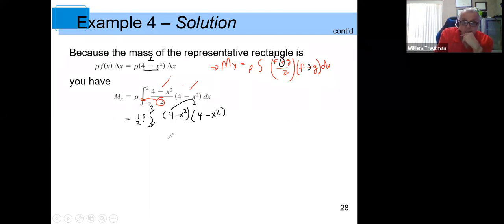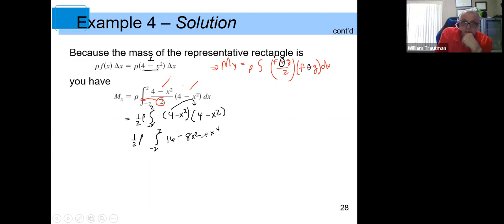So when we distribute this, we end up with 16 minus 8x squared plus x to the 4th, integrating from -2 to 2. So now we can integrate.